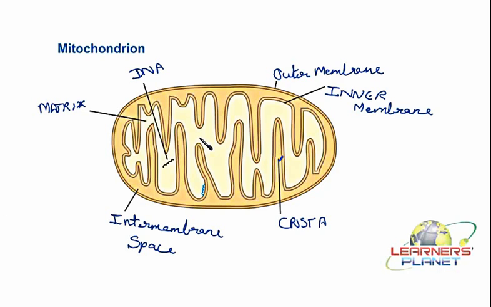So this is how we can simply say that while labeling the diagram, we can understand the structure as well as the function of any organelle. Definitely, to study the structure of the cell, studying through diagrams is the best way to understand the basic things.